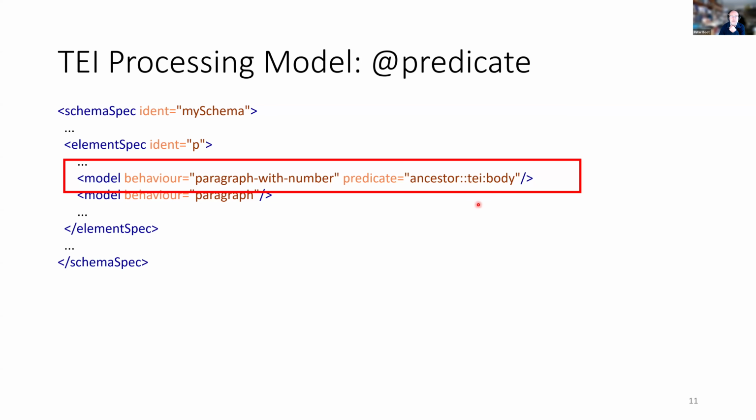So in this case, I've said that all the paragraphs in the TEI body will get a paragraph with number behavior, and all the other paragraphs, perhaps in the header, will have the default behavior. So the paragraph with number is a behavior that was not in the list of suggested values for the processing model. So this is something that I will have to somehow take care that it's implemented, even if the rest of the model is already implemented.